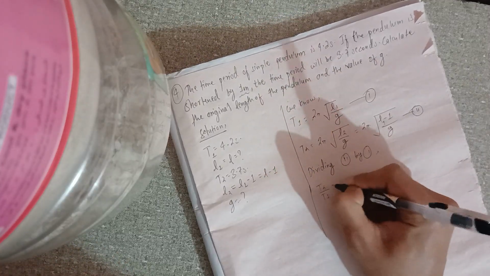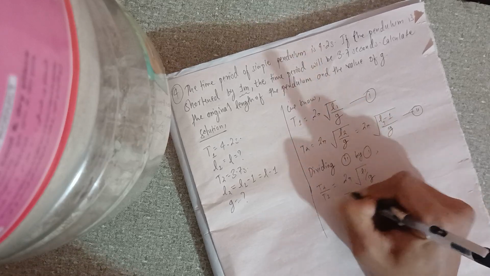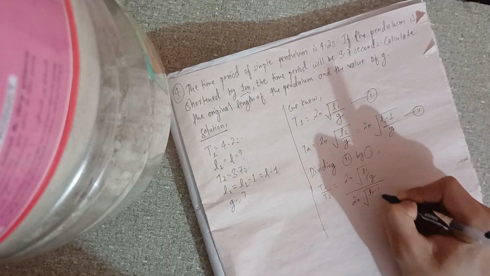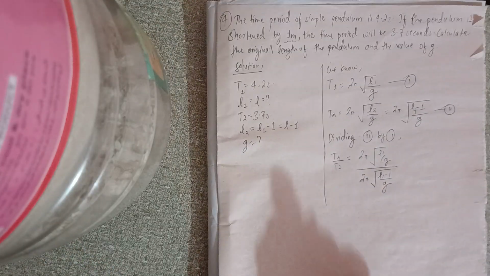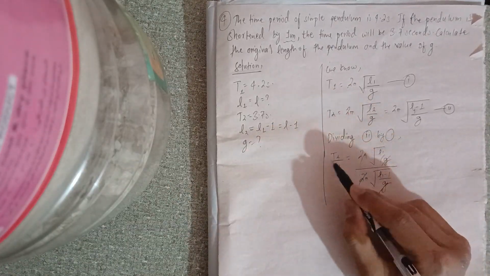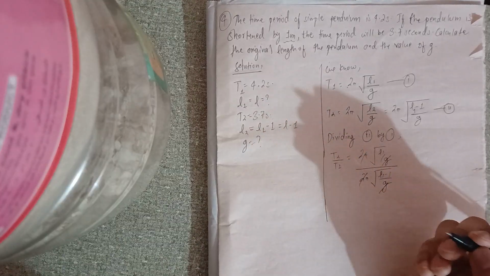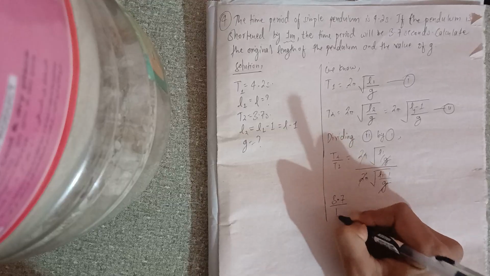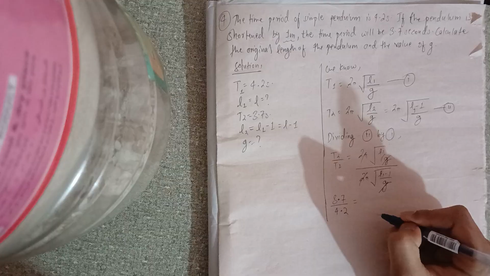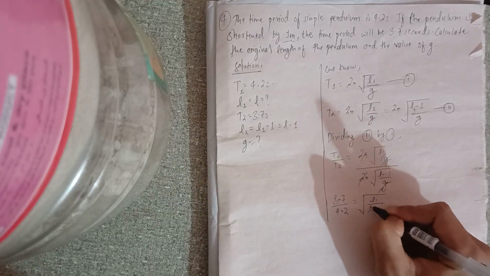T2 by T1 equals 2 pi under root L1 minus 1 by g whole upon 2 pi under root L1 by g. What cuts off here is 2 pi and g, and we can simply find T2 by T1, which is 3.7 by 4.2, equal to under root L1 minus 1 by L1.